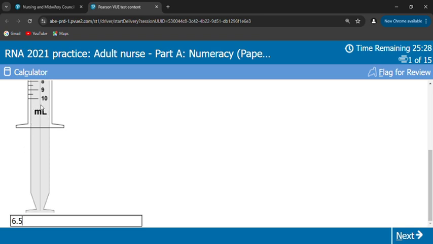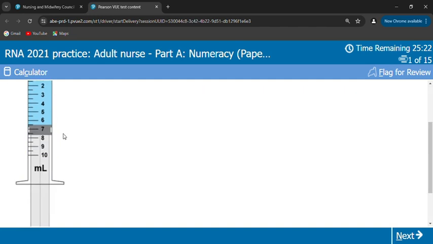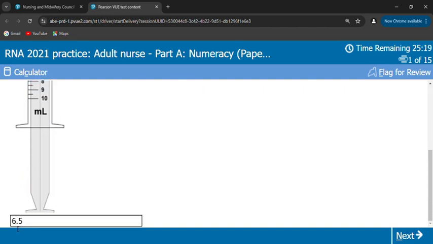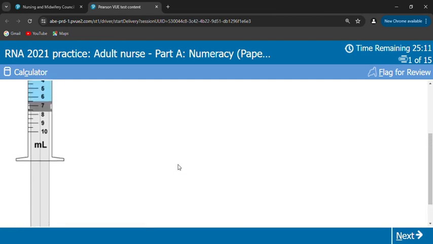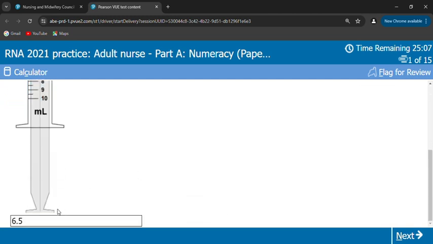They want the answer in ml and in one decimal place. We already have only one digit after the decimal in our answer, 6.5, so we have covered that requirement.